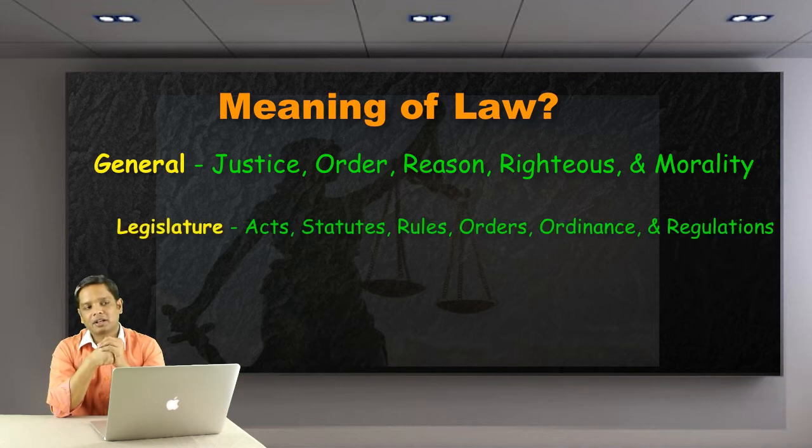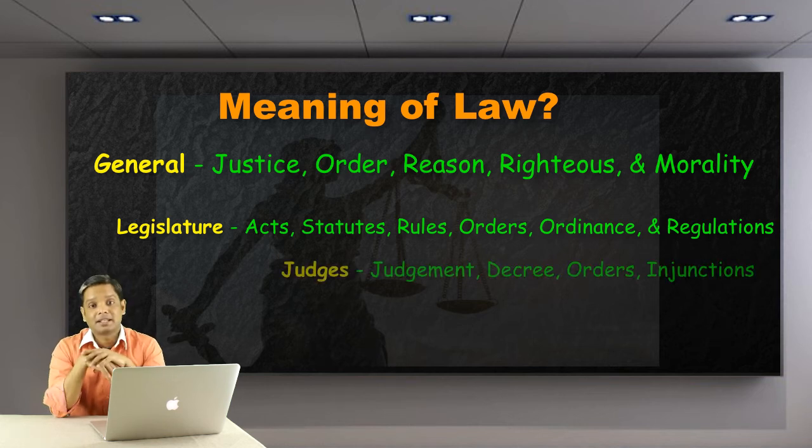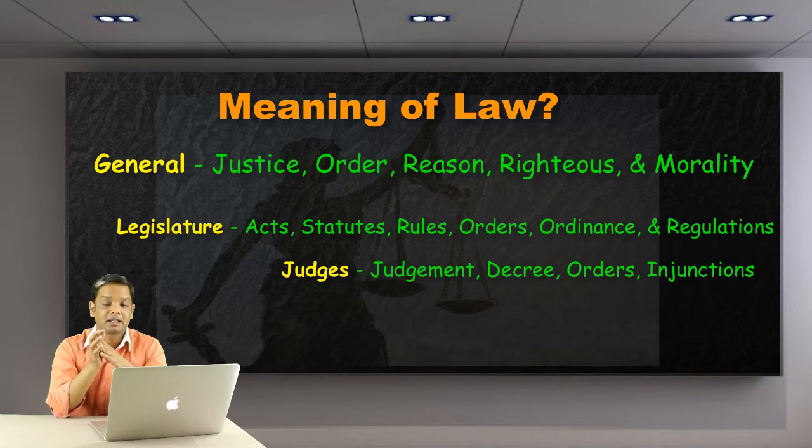Secondly, for the legislature, I believe you must know what the legislature is, the law-making body. Basically the parliament is the legislative body. For the parliament, what is law? That is acts, statutes, rules, orders, ordinances and regulations. So for the legislating body, these are the meaning of law. For judges, what is the meaning of law? That is judgment, decree, order, injunctions.